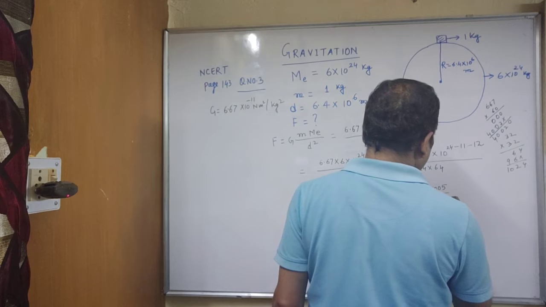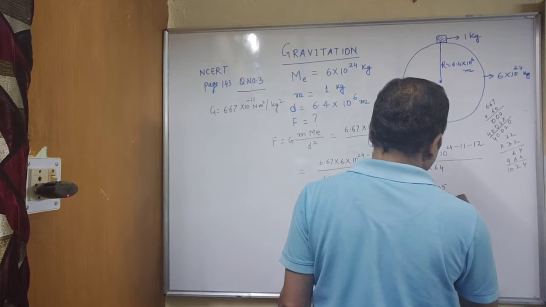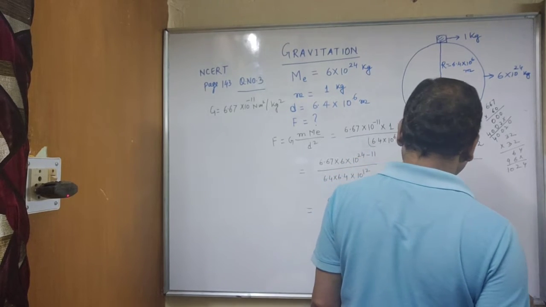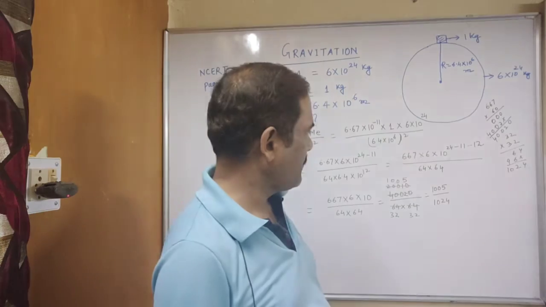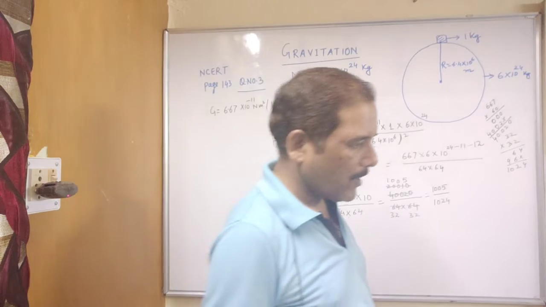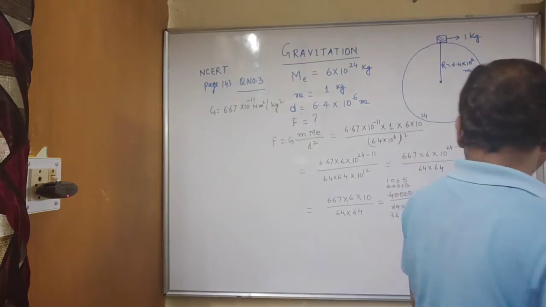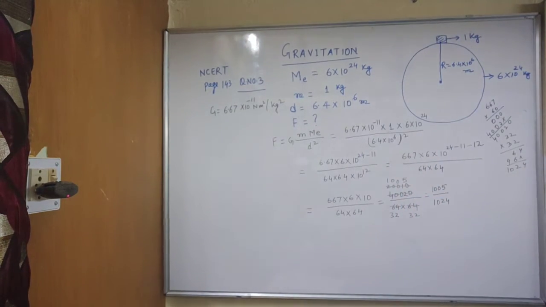So 1024. So if we simplify, it will be 1005 divided by 1024.